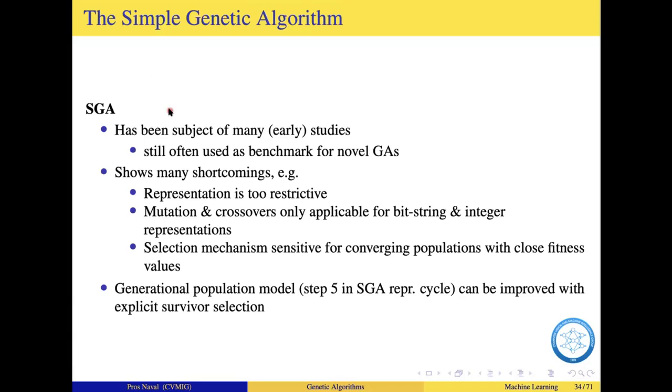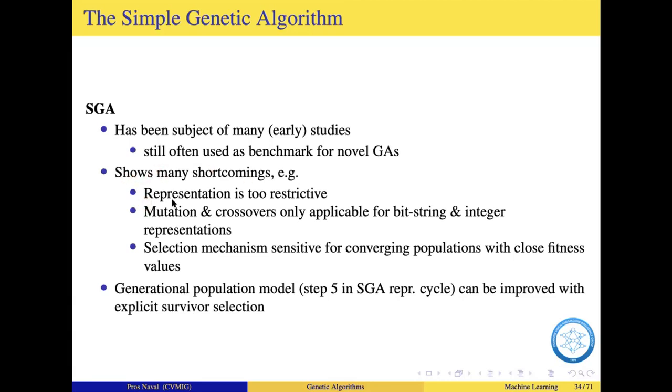Now, the genetic algorithm, the SGA, has been the subject of many studies. Because of its simplicity, it's still often used as a benchmark for new genetic algorithms that are being developed. Being simple, of course, will have its own shortcomings.